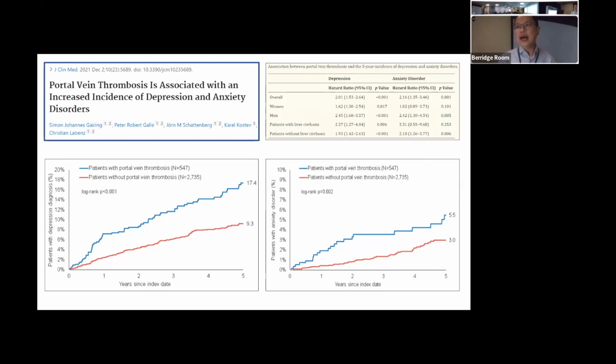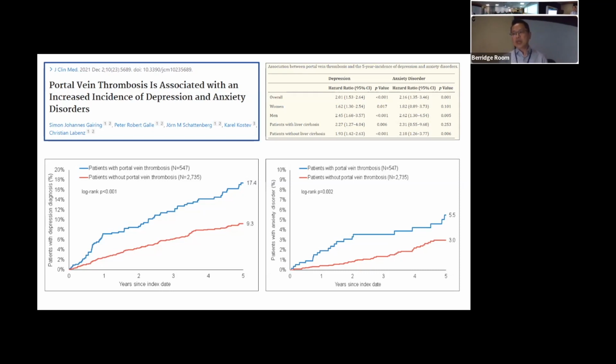The last slide here, I talk about the quite complex condition, and the patients tend to be quite isolated, and there is the psychological impact of portal vein thrombosis on patients. This paper highlighted the discrepancy between patients with or without portal vein thrombosis in terms of diagnosis of anxiety and also depression.